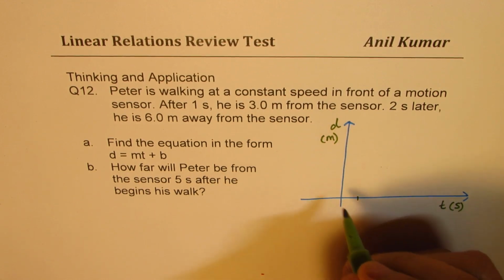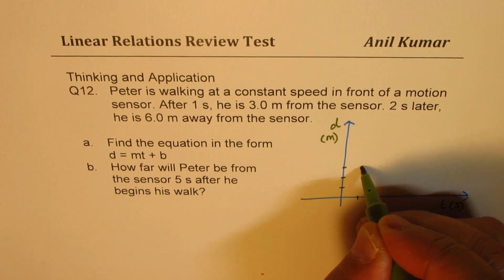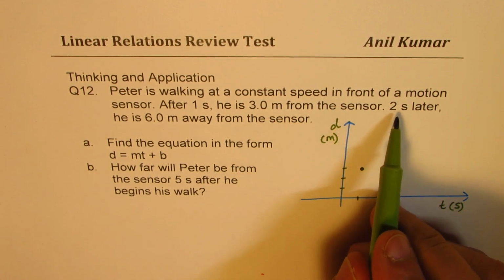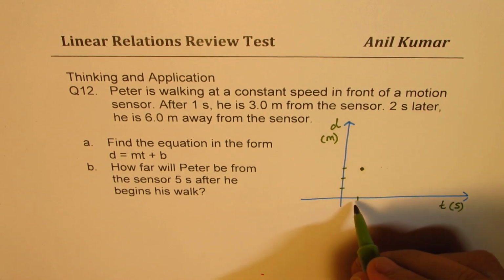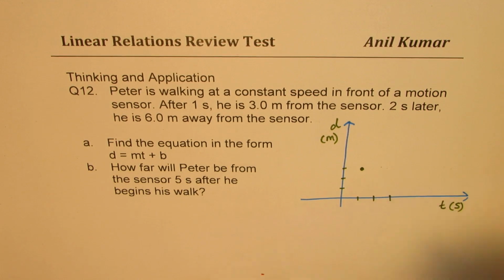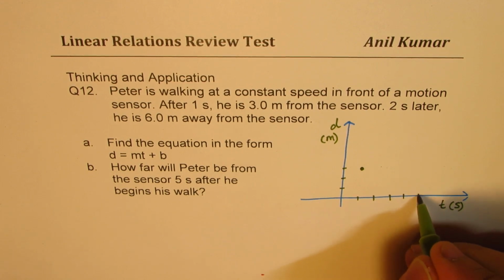So let's say this is 1 second, and this is 1, 2, 3. So he's 3 meters away from the sensor. 2 seconds later, that means this is 1, right? So 2 seconds later will be at this point. So let me just do 1, 2, 3, 4, 5, 6.